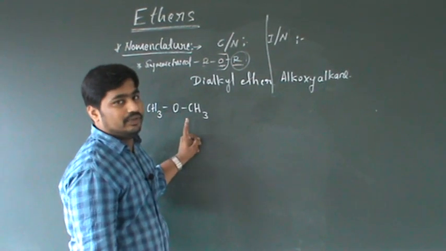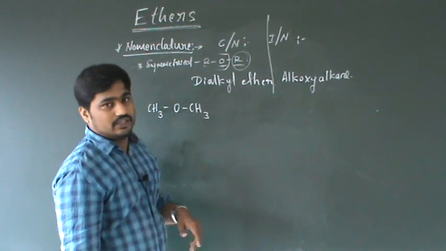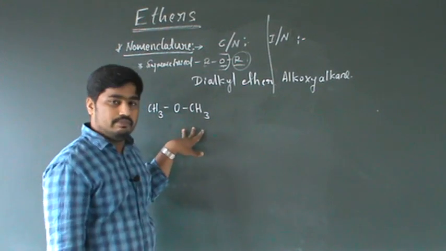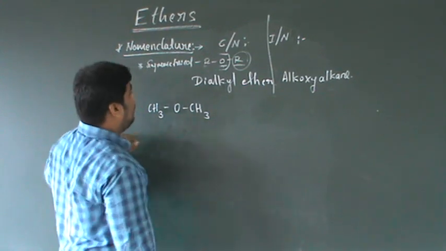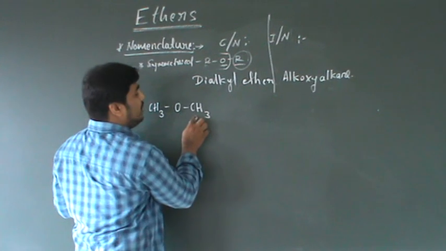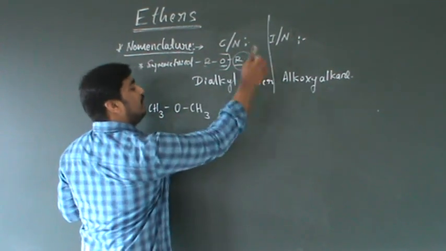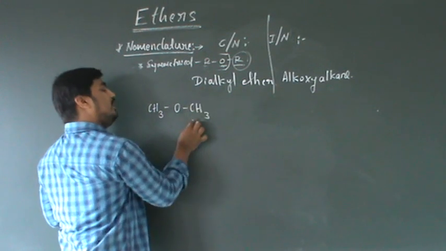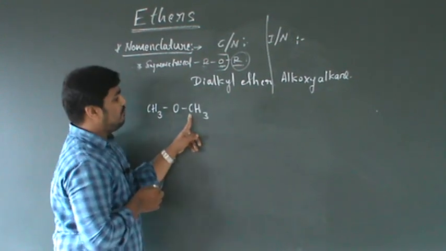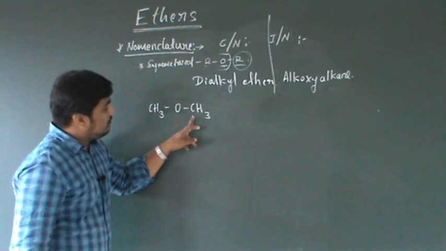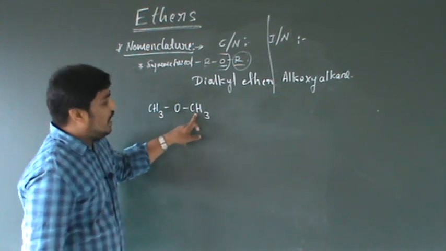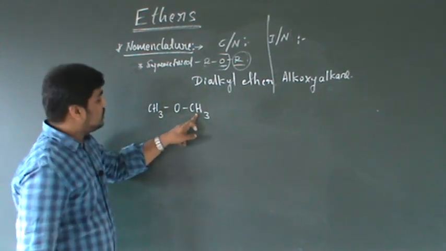One carbon atom is attached to the oxygen on each side. This is the first member of the ethers. In the common naming system, it is named in the form of dialkyl ether. What type of alkyl group? Methyl.